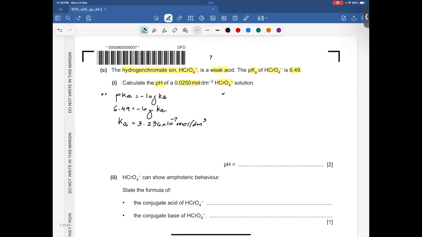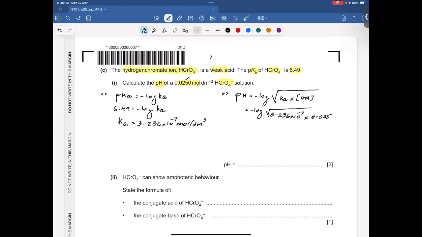In the next step, if you remember, we have discussed this formula, pH equals minus log under root Ka times concentration of acid, right? So we need to find the value of pH. The value of Ka is already given, which is 3.236 into 10 to the power minus 7. And the concentration of acid is also given in the question, which is 0.025.